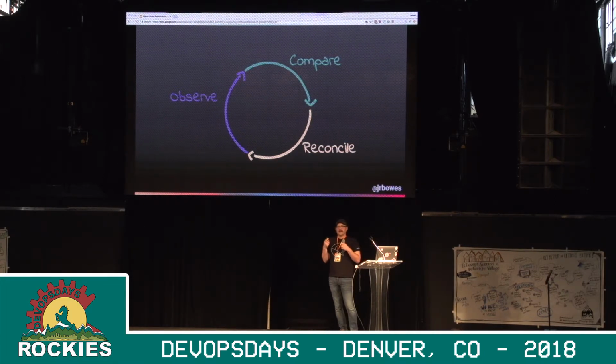Your controller will be observing the state of the system, and it'll see, okay, I've got a new application custom resource. What's the current state? Comparing what exists, this is the first time it's come in, so to reconcile this, I have to make a deployment, a service, and an ingress. And then we continue around the loop. And the power comes from continuing in that loop.